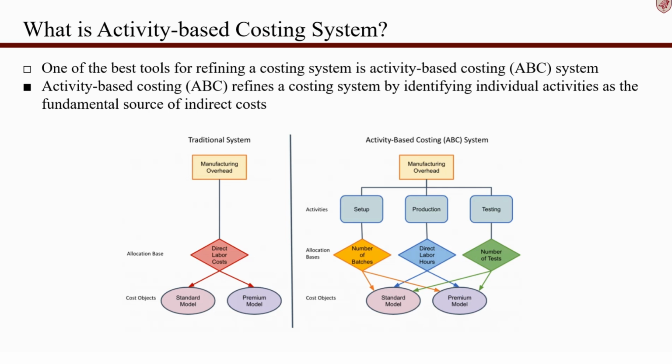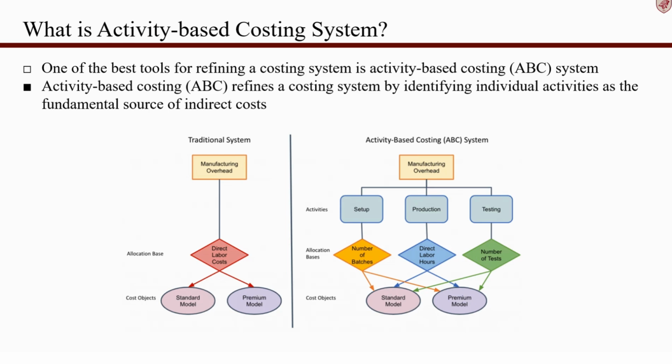How about the cost of production? Let's say this is a clothing company and it is more labor intensive rather than machine intensive. So the cost of production would usually vary with the labor hours used, right? So then the right allocation base is the labor hours. Testing. The cost of testing usually would not necessarily vary with units produced, but rather based on how many tests are initiated, right?